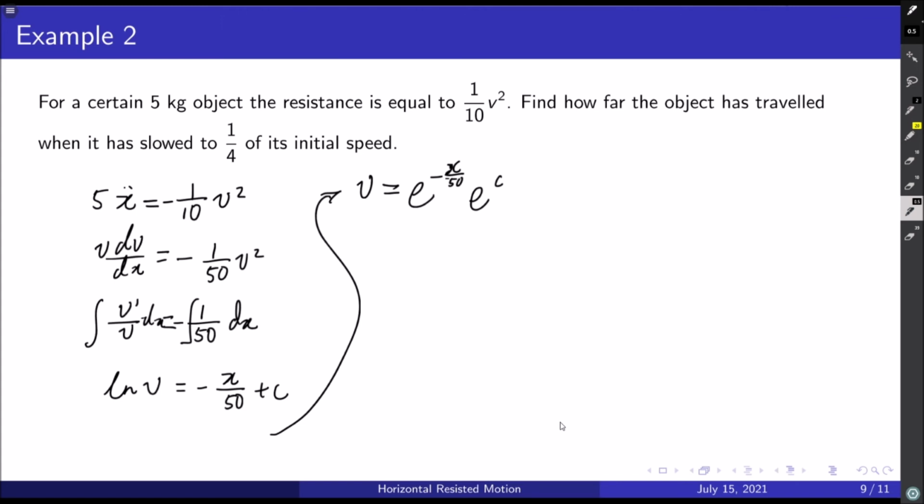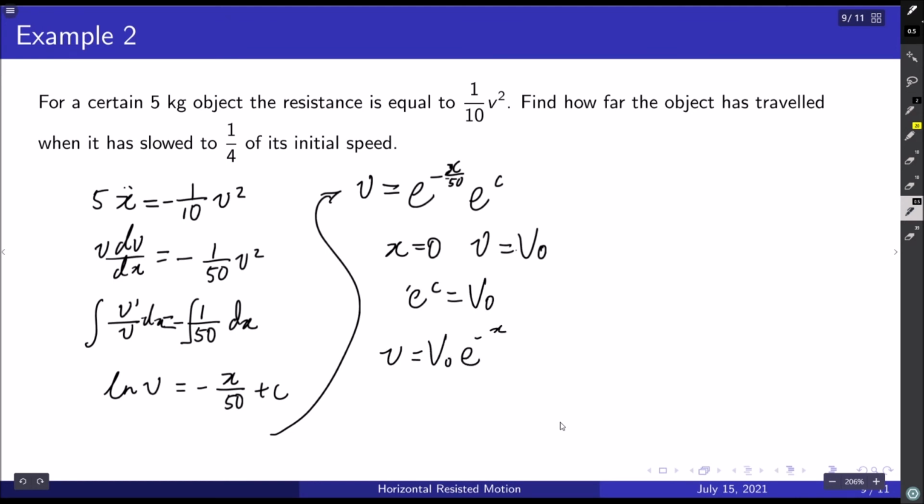As before, when x equals 0, v would equal some initial value, so e to the power of c has to equal v0. So v equals v0 e to the power of negative x over 50. Okay, so this is pretty straightforward.